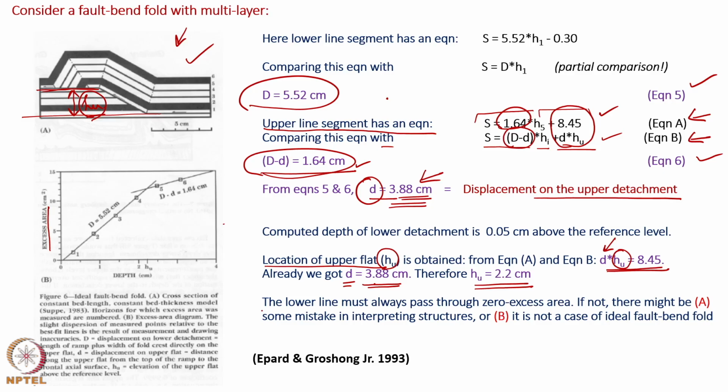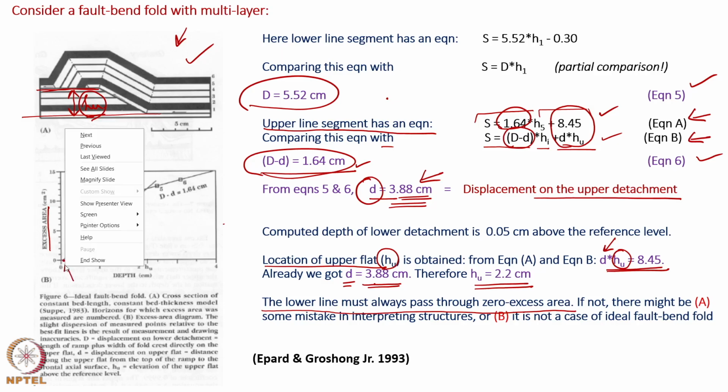Let us try to understand the meaning of the statement. The lower line must always pass through the 0 excess area. The 0 excess area is characterized by this point. This marks the depth of the lower detachment or the lower flat, and if we consider a marker along that lower detachment, then that marker does not fold, and therefore 0 excess area is produced.